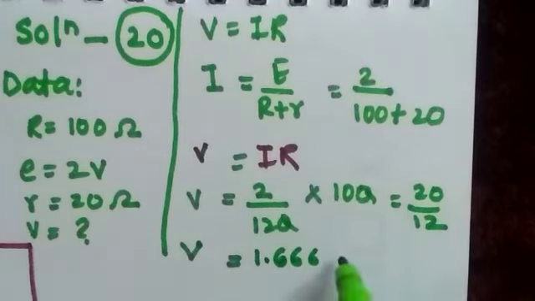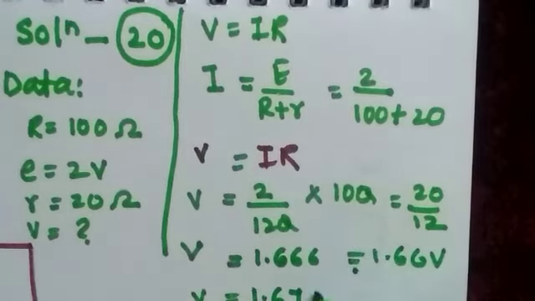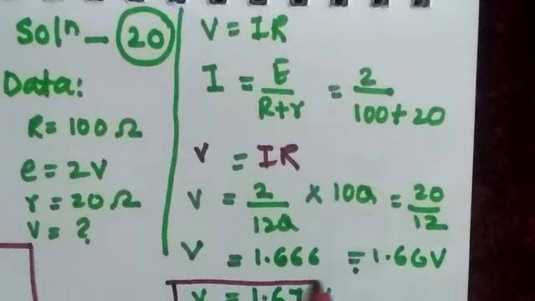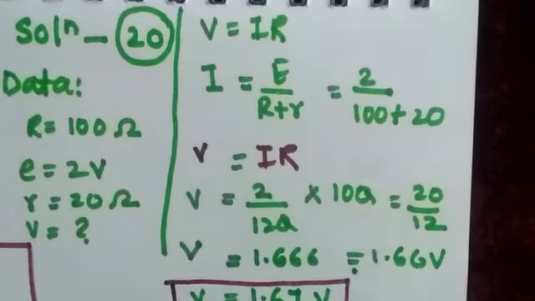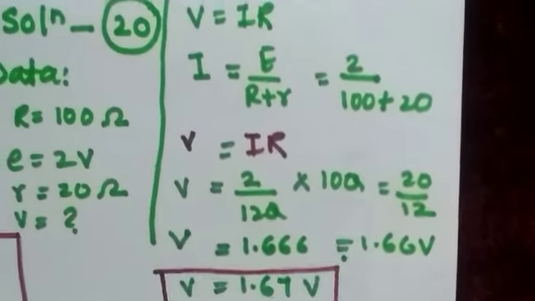So you can have 1.67 also. So these are the volts. So this is the final voltage. What will be its reading? So its reading will be nothing but 1.66 volt or 1.67 volt. So this is the solution of numerical number 20.